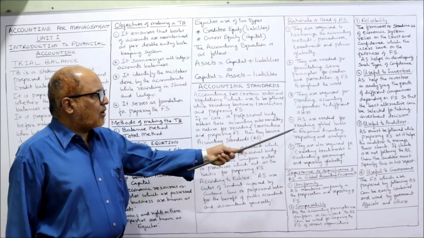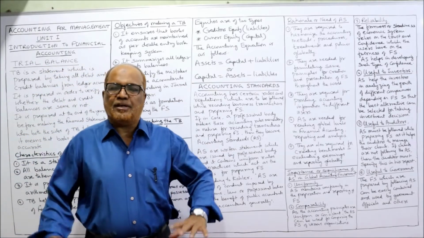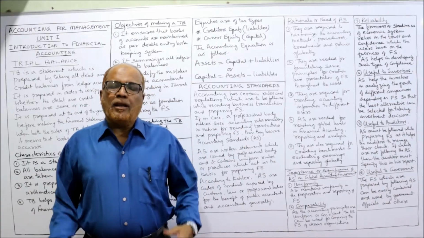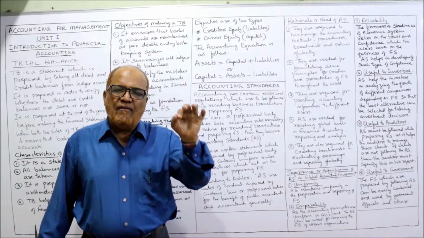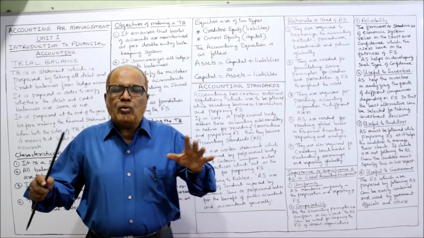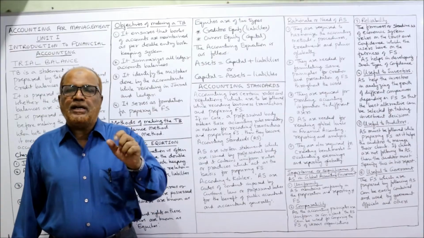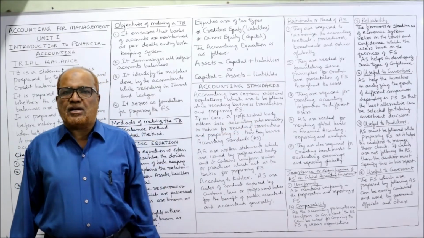Accounting standards are needed for reaching global levels in financial accounting, reporting and analysis. See here, accounting is there in every country. Reporting and analysis are things which exist globally, in every country. So to bring harmonization in these accounting methods, reporting methods, analysis methods, we require accounting standards.